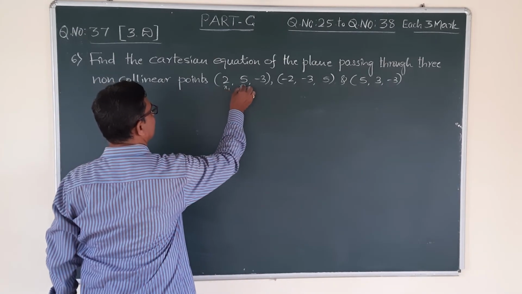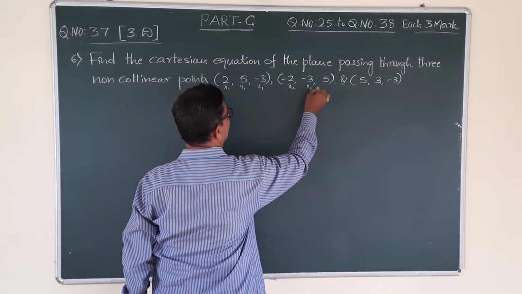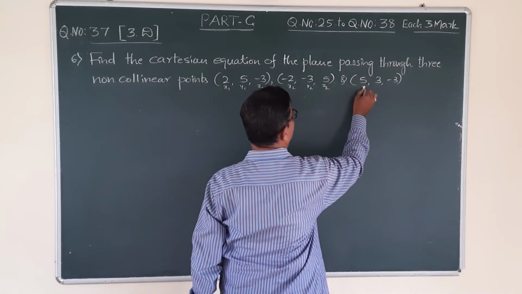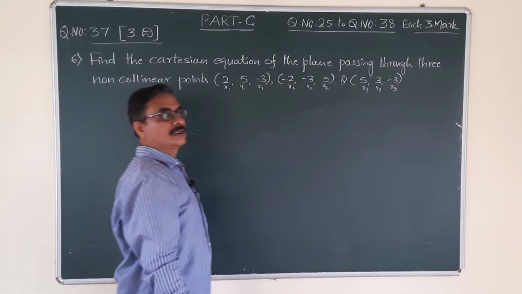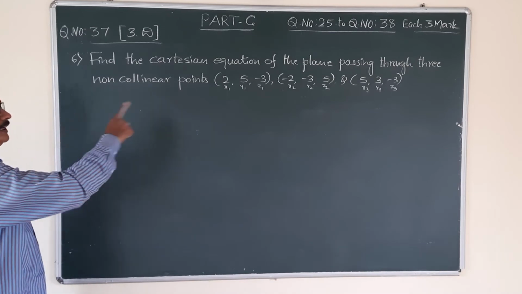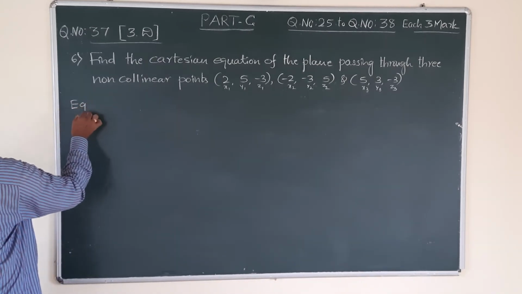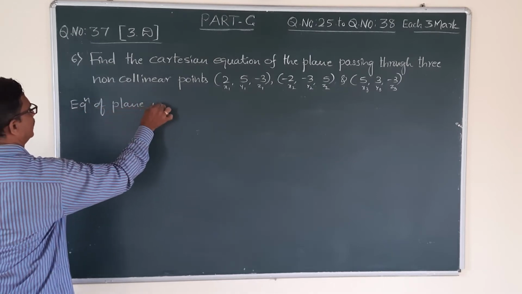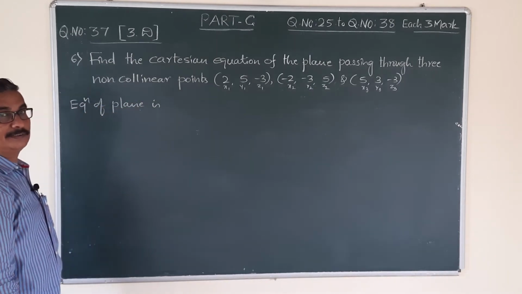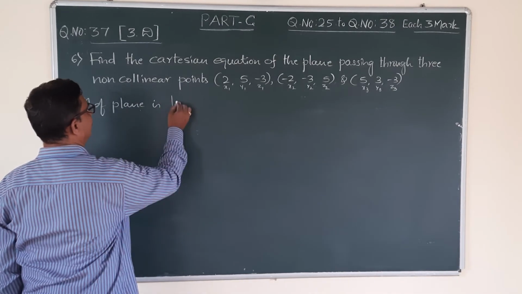This is in general x1, y1, z1; this is x2, y2, z2; and here x3, y3, z3. The equation of a plane passing through three non-collinear points, you know the derivation, is given by the formula.